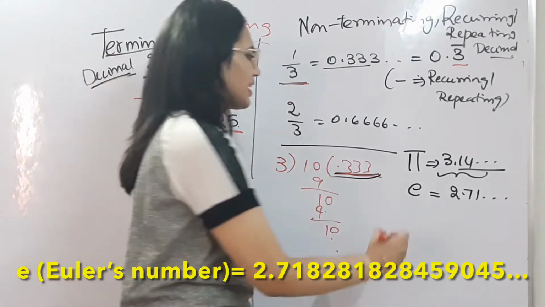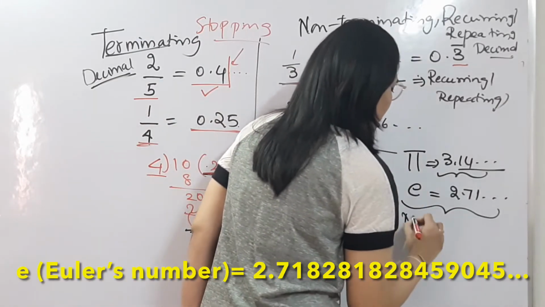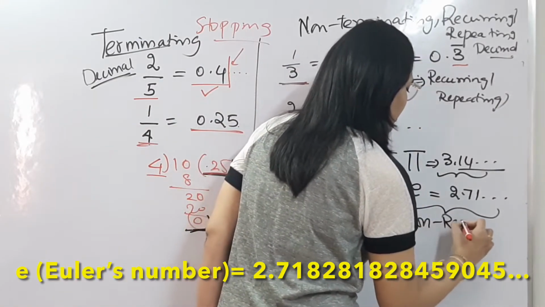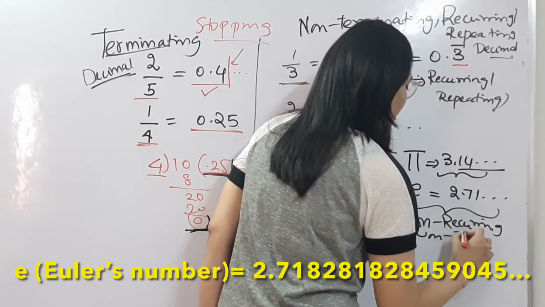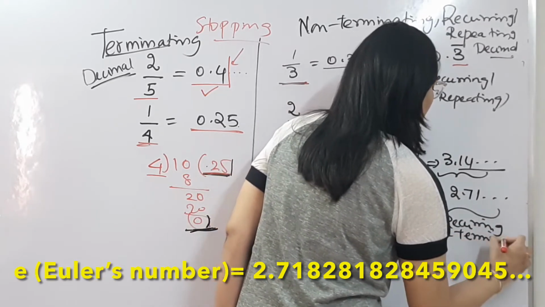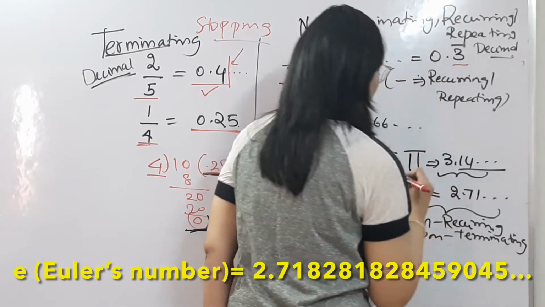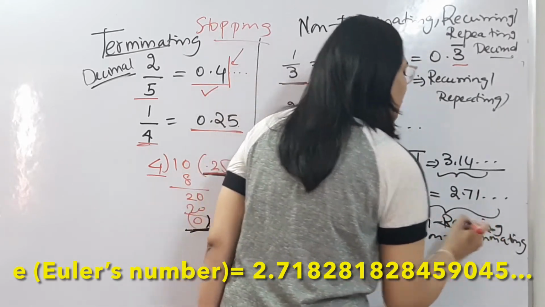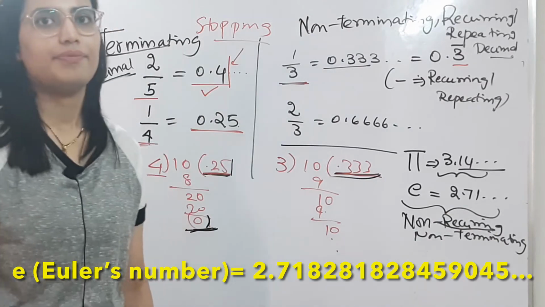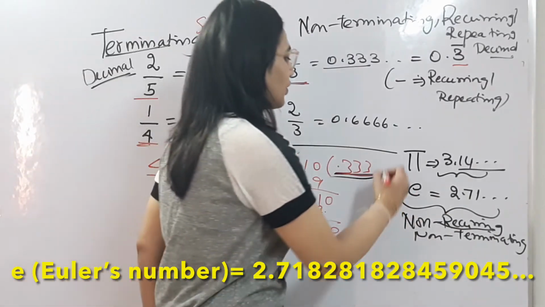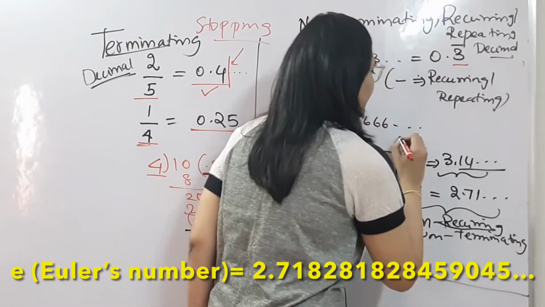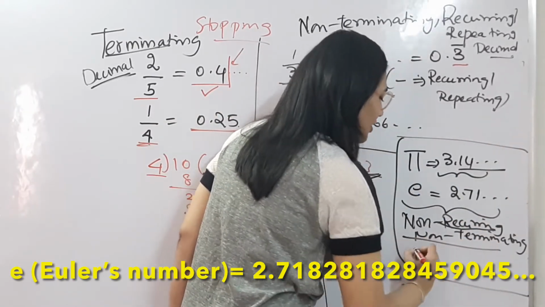So in this case, pi and e can be denoted as non-recurring and non-terminating because they are not stopping at one point and they are not repeating as well. Okay, so this is how you represent an irrational number.